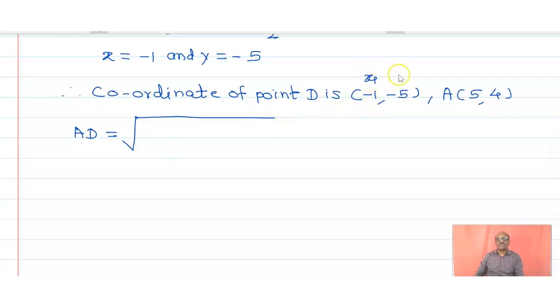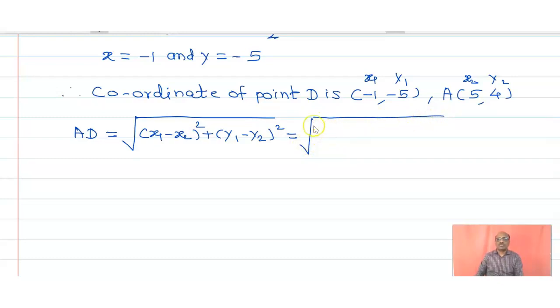Suppose this is x1 and y1, x2, y2, and here square root of x1 minus x2 bracket square plus y1 minus y2 bracket square.